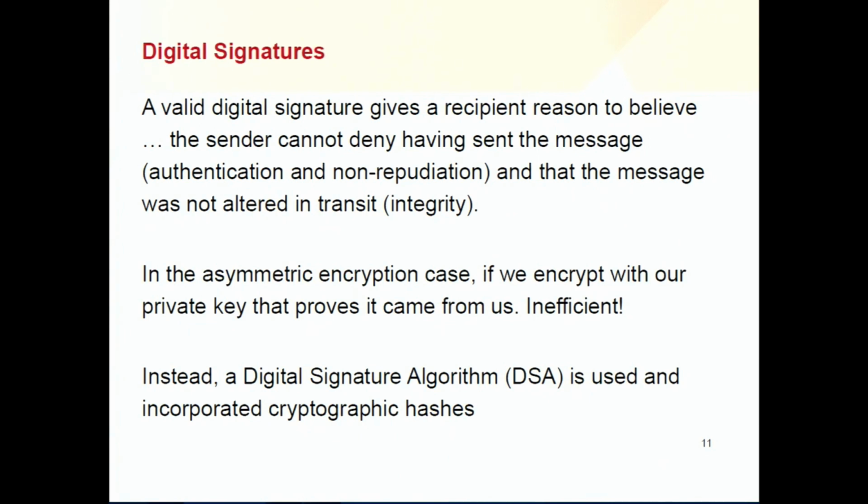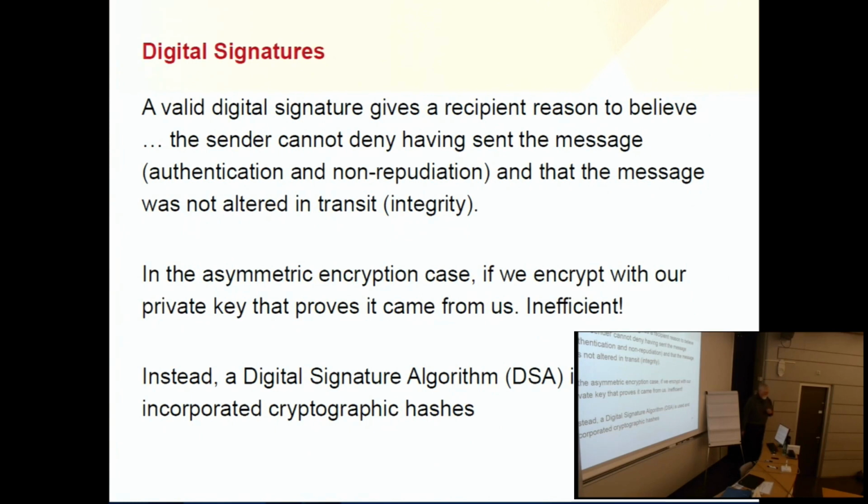However, that's inefficient. Public key cryptography is really compute intensive, particularly compared with symmetric encryption. So it's not something that we'd really do. What we do is use the digital signature algorithm, which is a standard. To do that, we combine what we just talked about with hashes in the public key infrastructure.